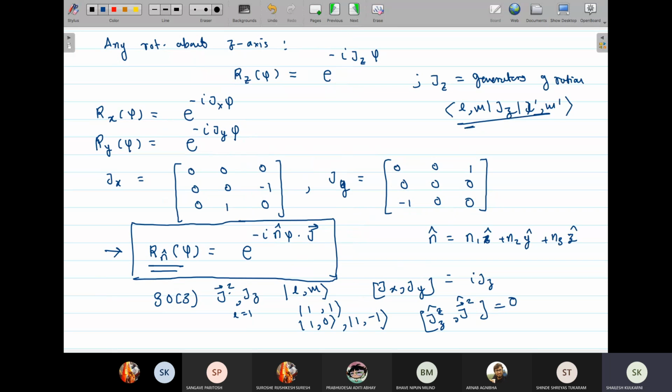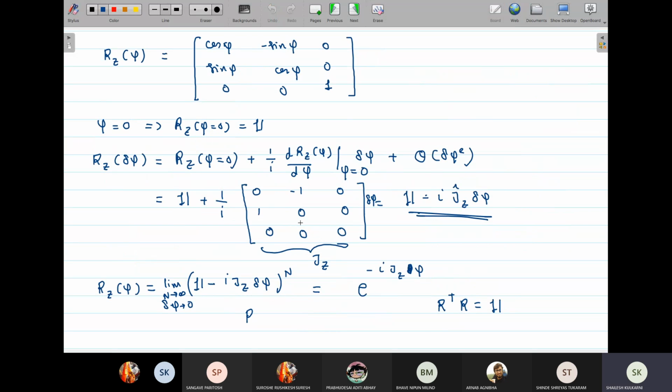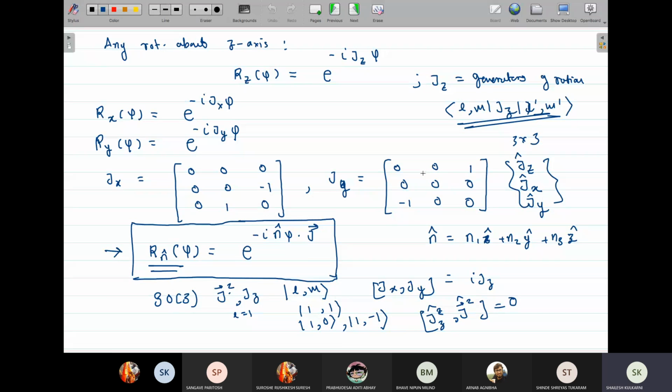Now you calculate this matrix in these states, and you will get some 3 cross 3 matrix for Jz. Similarly you will get some 3 cross 3 matrices for Jx and Jy. These matrices are in general different from these ones, because these are just coordinate representations of rotation generators. These are not coordinate representations. These are in the quantum mechanical states.